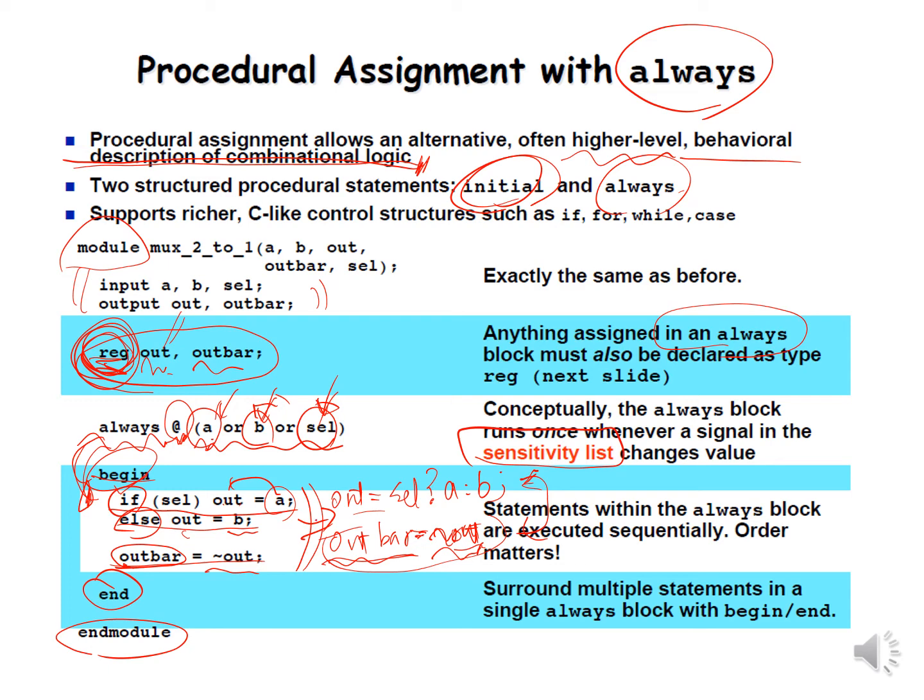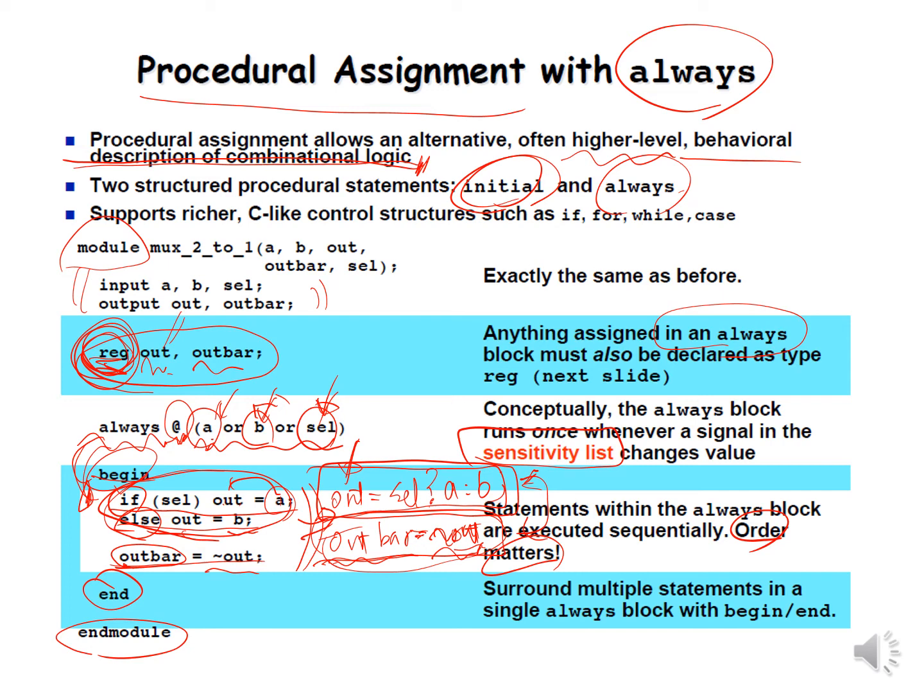So you have to first describe this line, the first if statement here. In that way, the out is defined, and then we execute out bar equal to tilde out. So the order actually matters for the procedural assignment. This is very important. You have to remember. Okay?